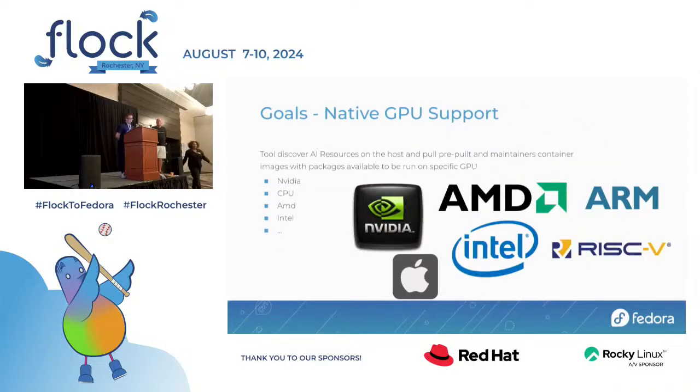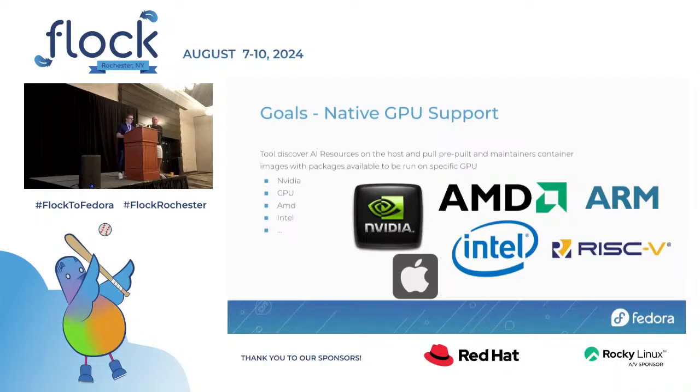Okay, so another goal is to have native GPU support. You can run AI workloads using your CPU, but it's obviously not the most optimal way. So we're hoping to be compatible with all the various GPU types out there that are useful for AI, be it an NVIDIA graphics card, an AMD one, an Apple Silicon device, Intel, the list goes on and on.